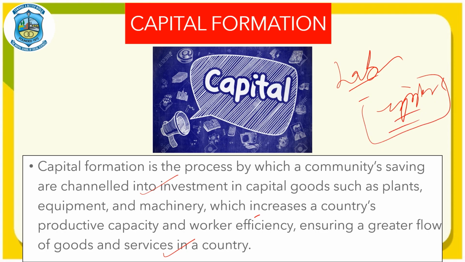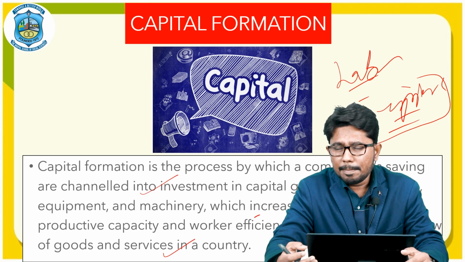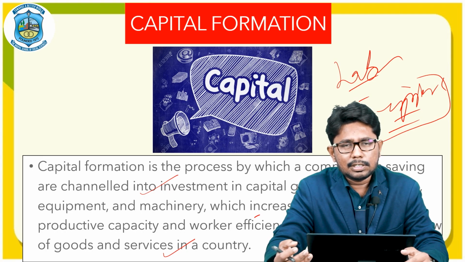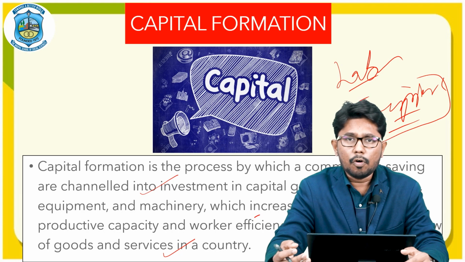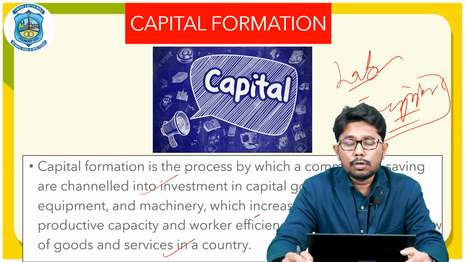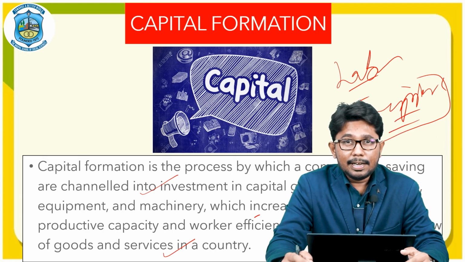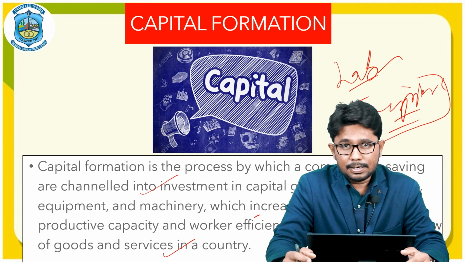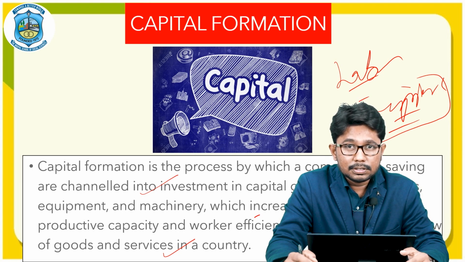If we increase the labor, it will definitely increase the productivity. Like a product wants 10 laborers and they make 1000 goods per day, and what if I recruit 20 laborers in my firm or in my country? It will definitely increase the production, right?